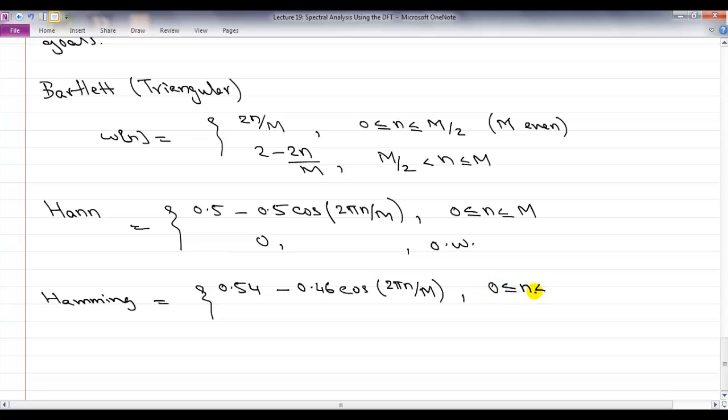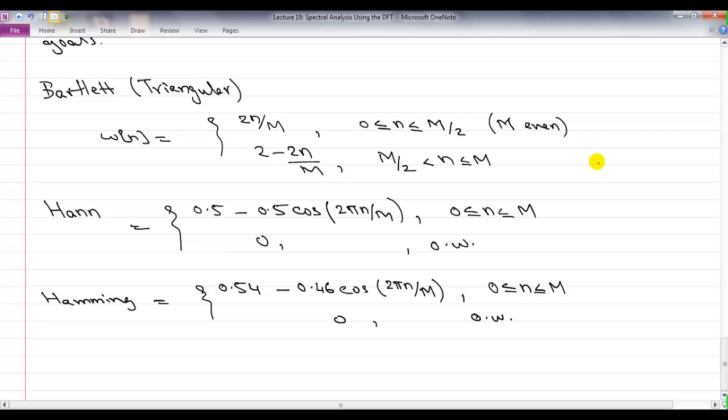The general principle that these windows are trying to follow is the following. The smoother your window goes to 0, so if you think of your rectangular window, it is 0, all of a sudden it becomes 1, stays 1, all of a sudden it becomes 0.